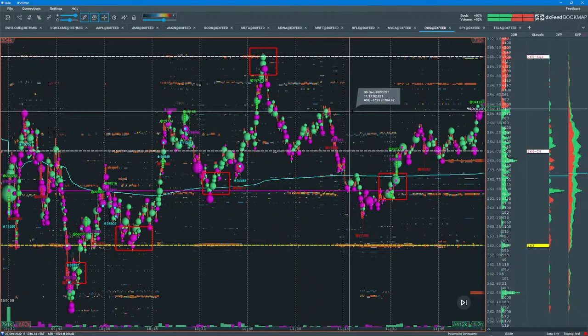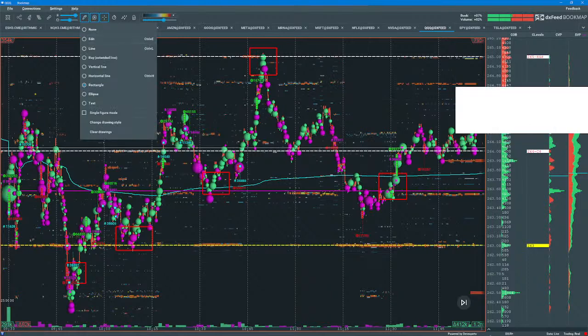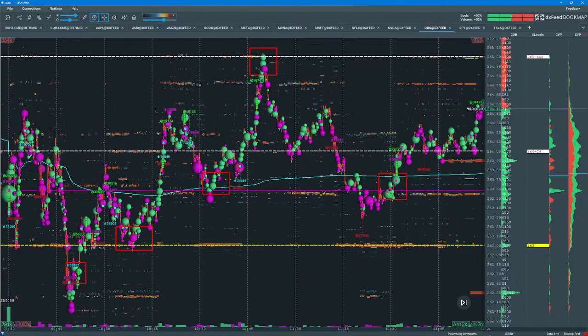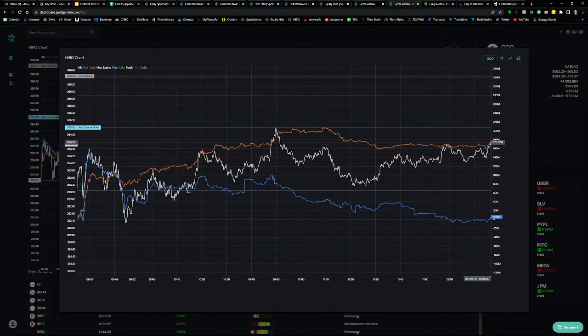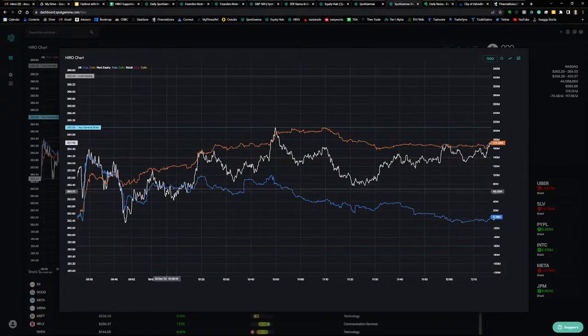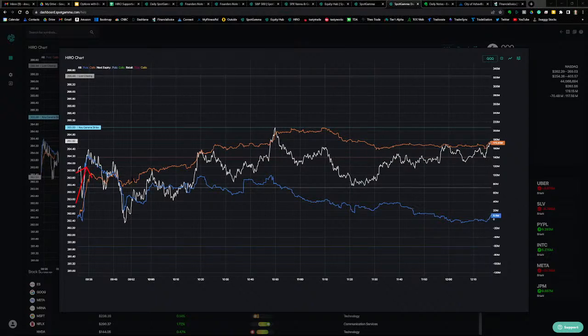So there's the QQQ trade. Let's go back and take a look at Hero once more. So again, there's the long entry. First the divergence, the sharp increase. Both traders buying calls and selling puts, and then they continue to buy calls as price reverses higher.